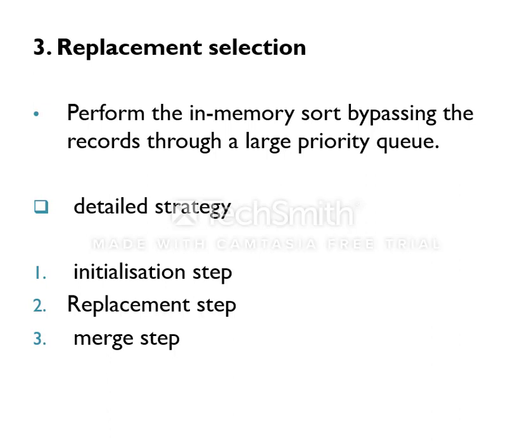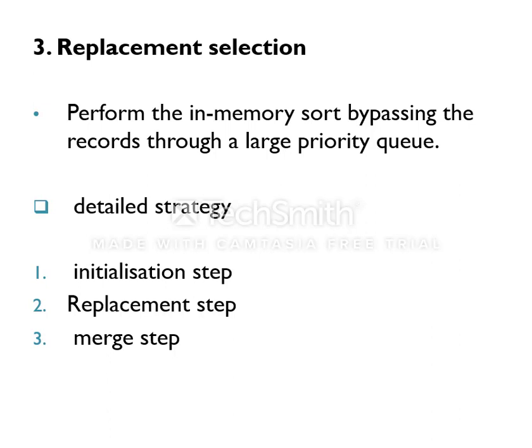Replacement selection is a method of creating initial runs based on the idea of always selecting from memory the record whose key has the lowest value. This replacement selection can be implemented in 3 steps. In the initialization step, read a collection of records and sort them using heap sort.